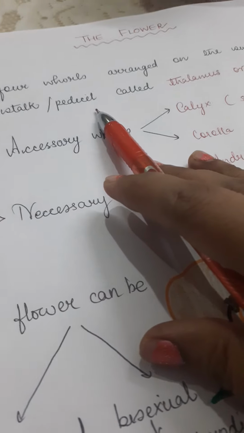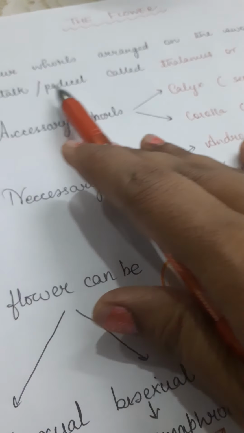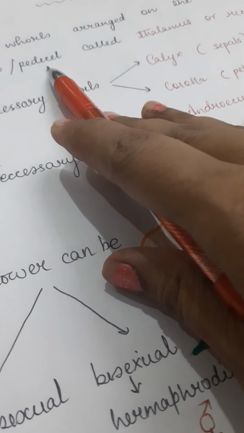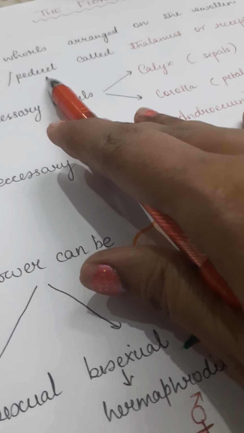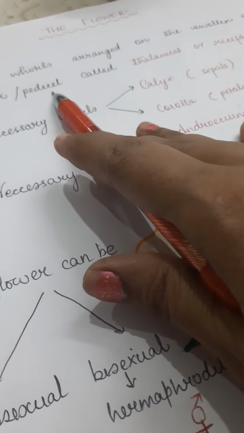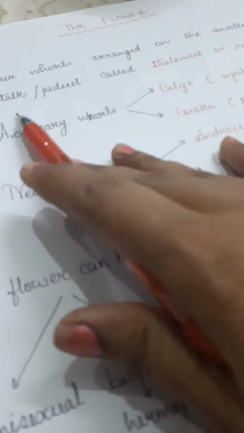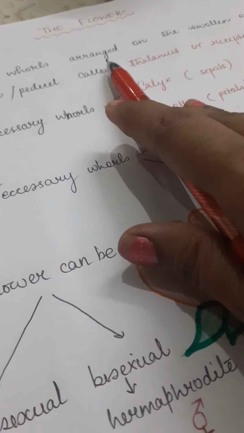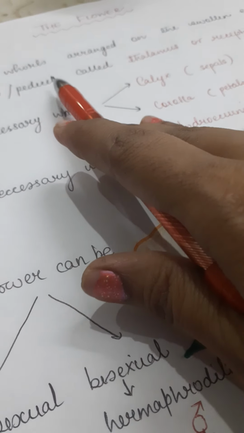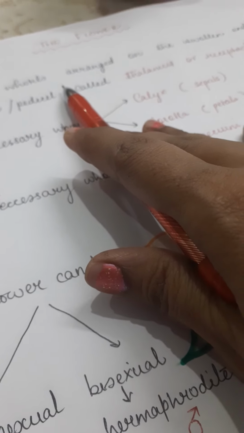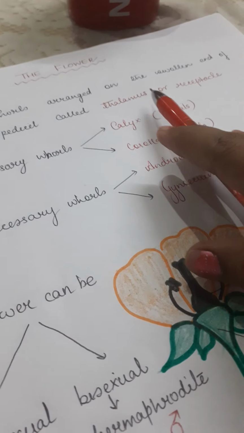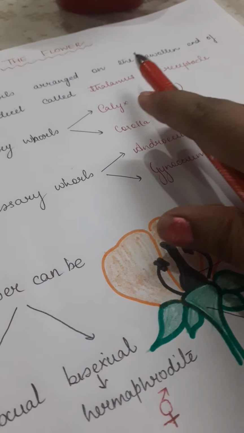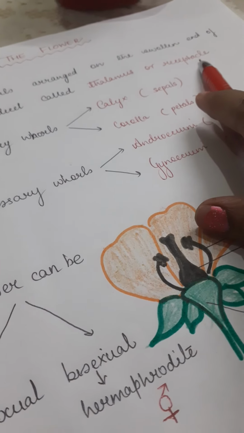One must notice that the flower stalk is known as pedicel, as the leaf stalk was known as petiole, if you remember. And there is a swollen portion over the pedicel on which these whorls are arranged, and that swollen portion is known as thalamus or receptacle.